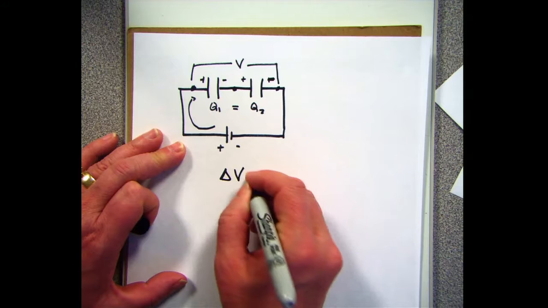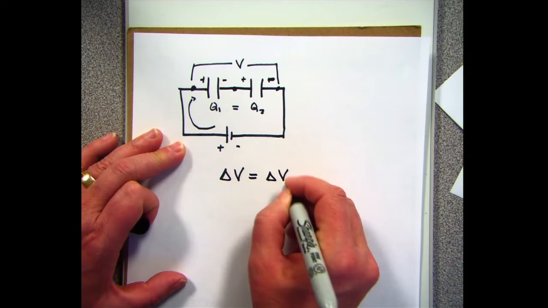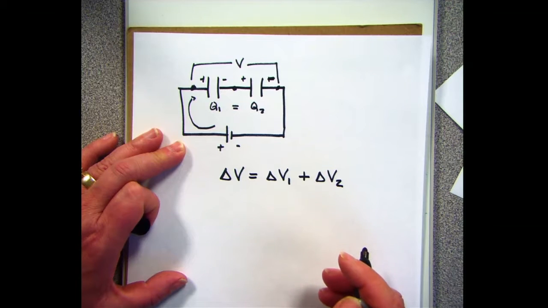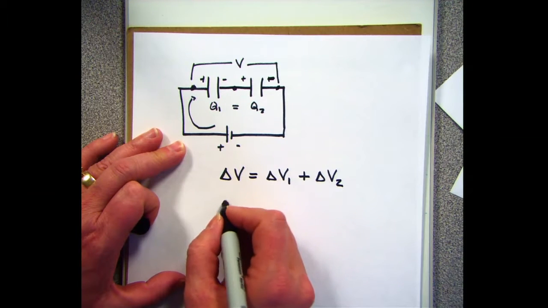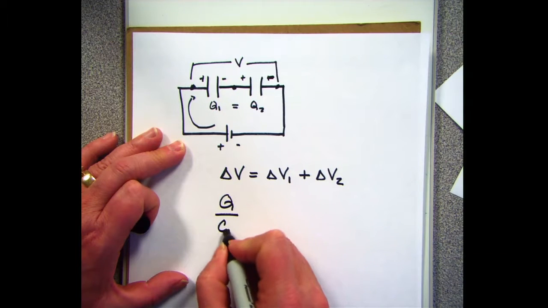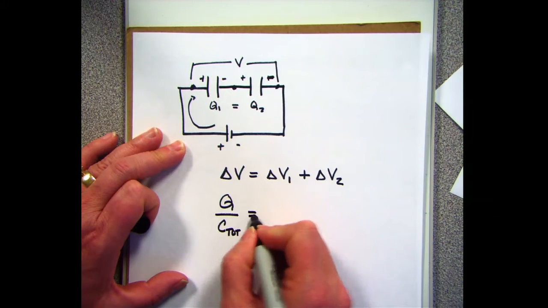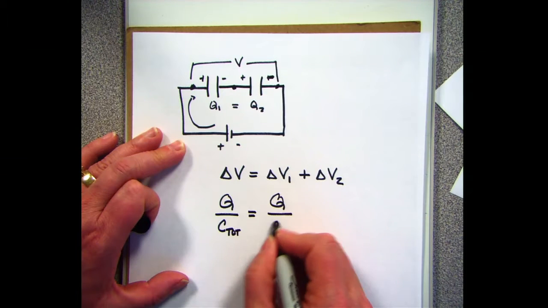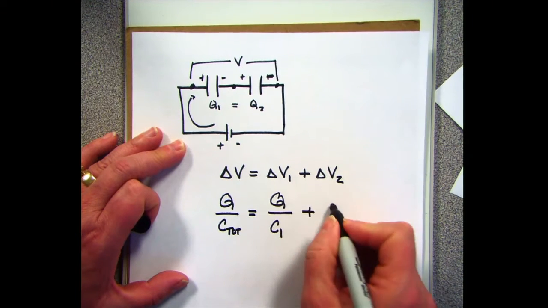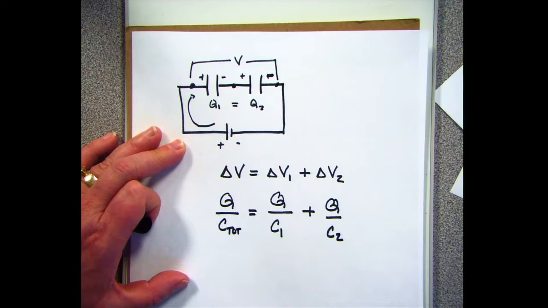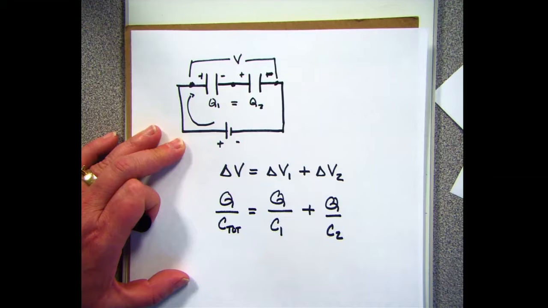Now I get Q divided by my total capacitance is equal to Q divided by the capacitance of the first one plus Q divided by the capacitance of the second one, because all those charges have to be equal. I can divide Q out of both sides and I get 1 over C total is equal to 1 over C1 plus 1 over C2.